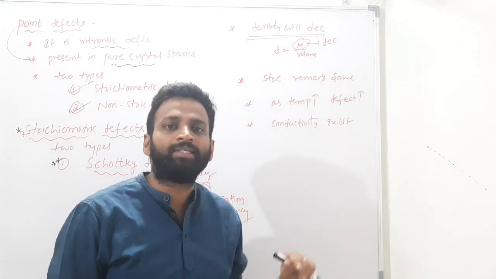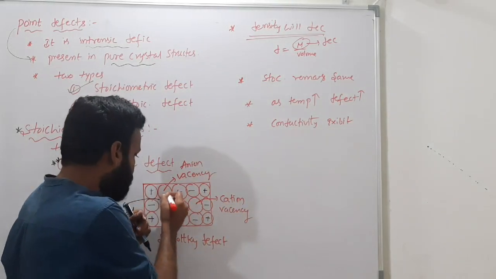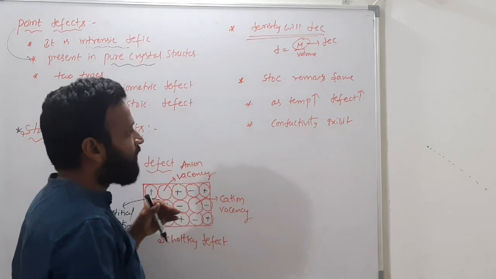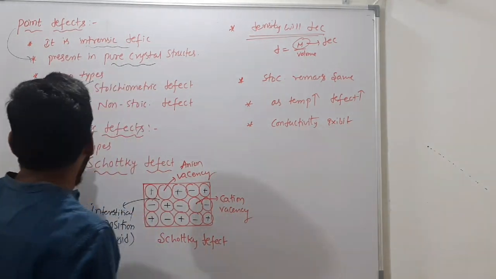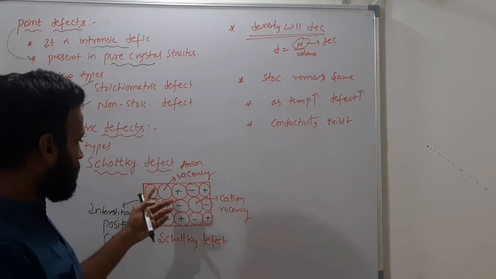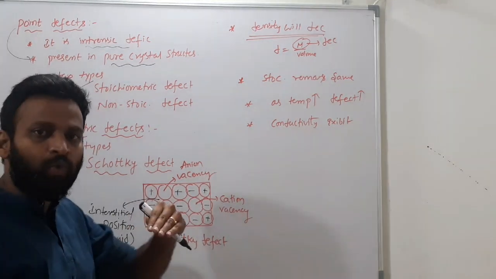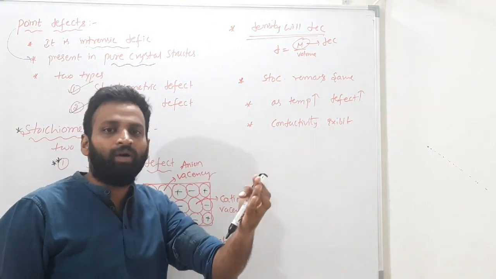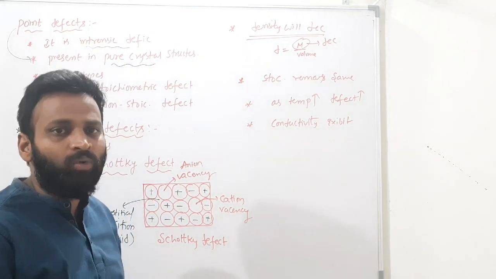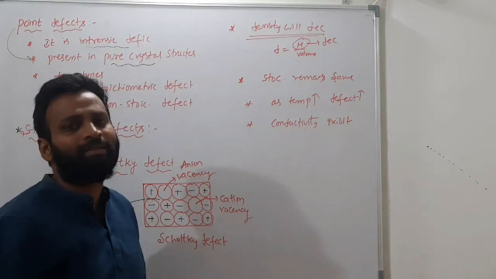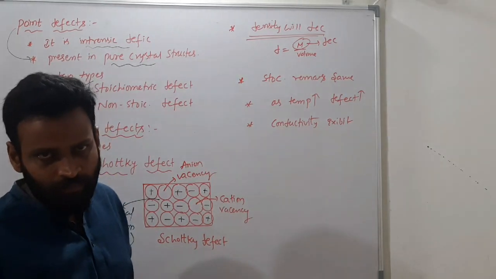Ionic conductance takes place here because some free space is there, so mobility of ions takes place. So in the Schottky defect, vacancies form due to complete removal of cations and anions. How do these defects happen? By increasing temperature.